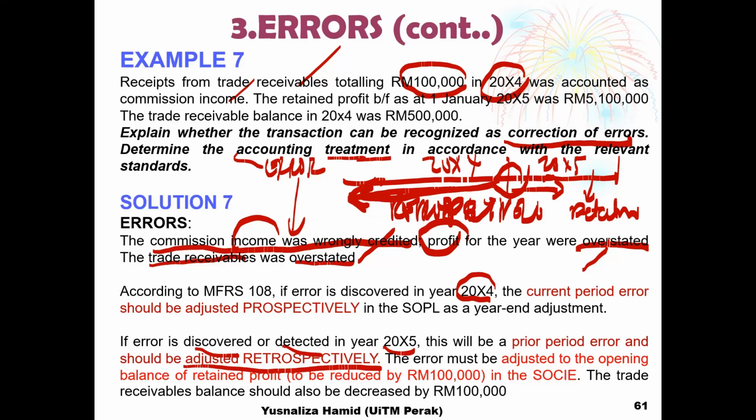We also need to reduce the profit for the year because it has been overstated, and restate and reduce the balance of accounts receivable. So the error must be adjusted to the opening balance of retained profit. Remember, retained profit brought forward was 5.1 million, and that would be reduced by 100,000, giving a restated balance of 5 million. However, the trade receivable balance should also be decreased by 100,000.